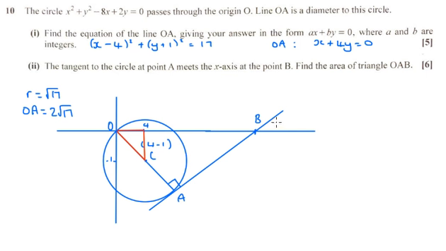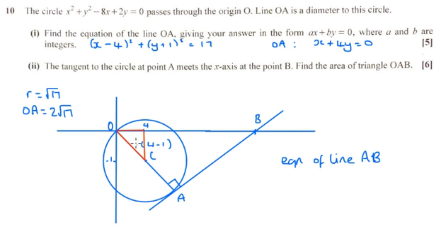The tricky bit is going to be working out the length of A to B. We're going to need to know the equation of the line A to B, and then we're going to need to know where it hits the x-axis. So first job is to find the equation of the line A to B. So how do we do that?